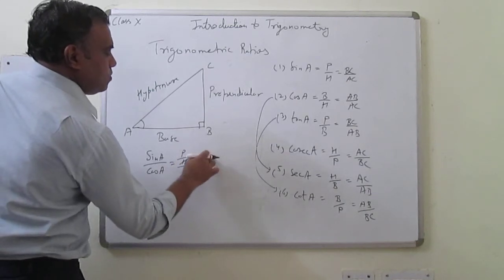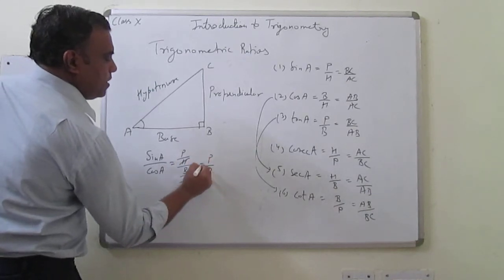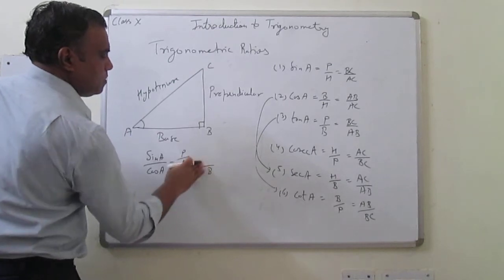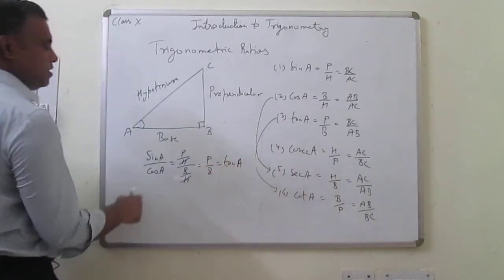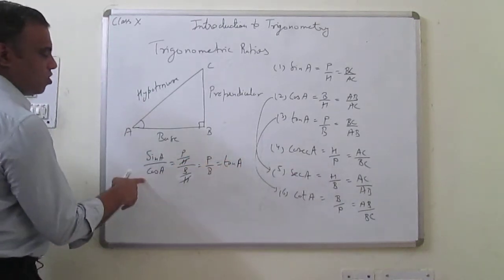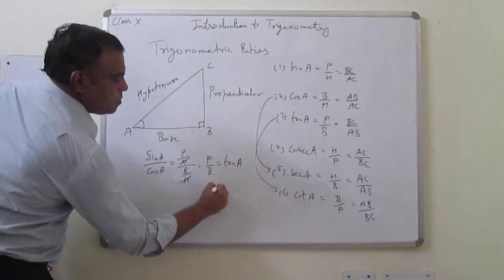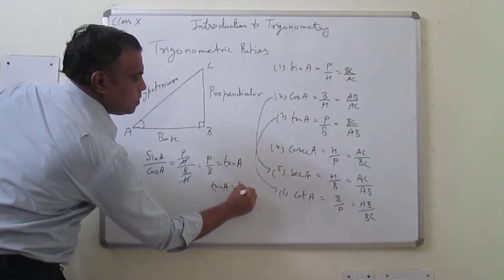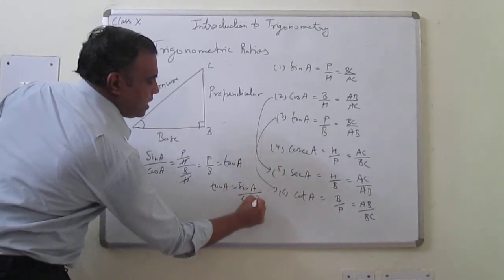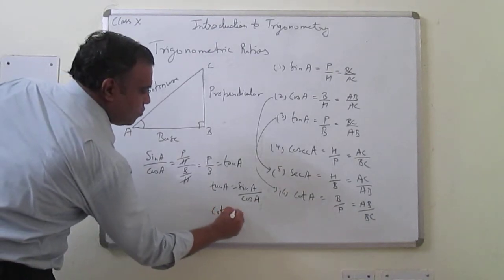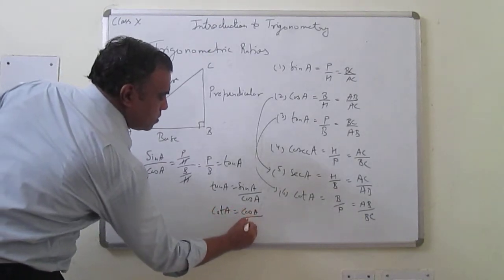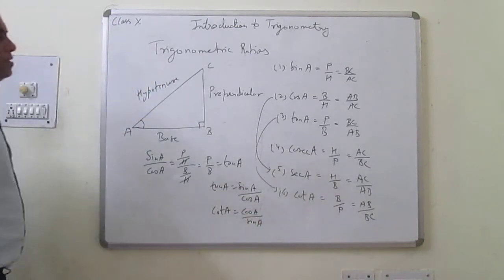This gives you P upon B, it is called tan A. Tan A is also called sin A upon cos A. And cot A is cos A upon sin A.